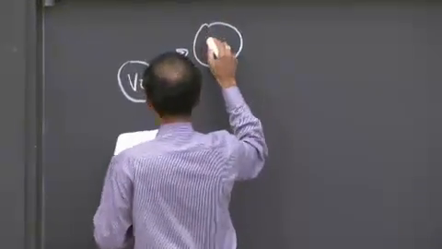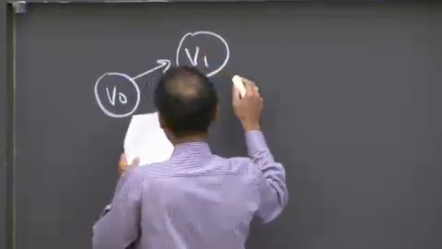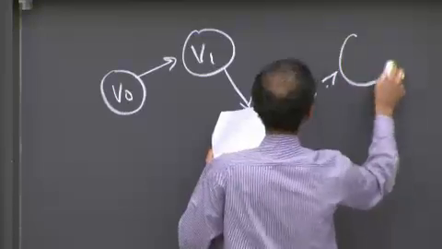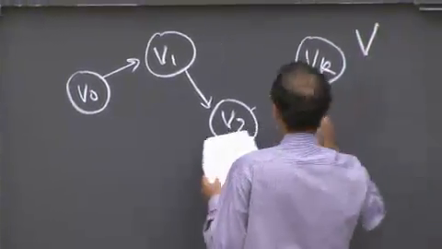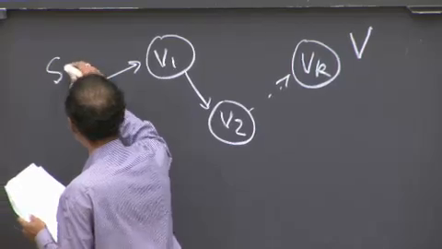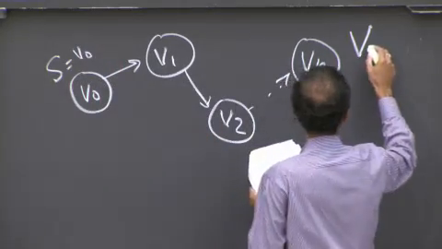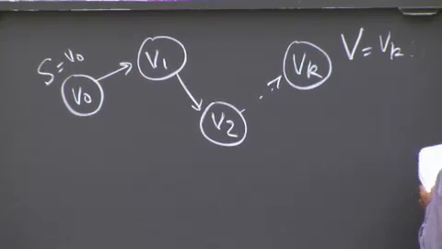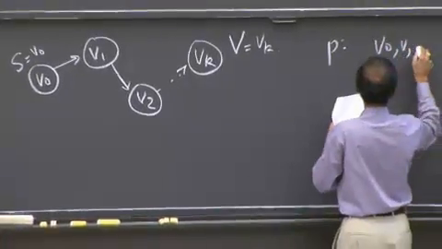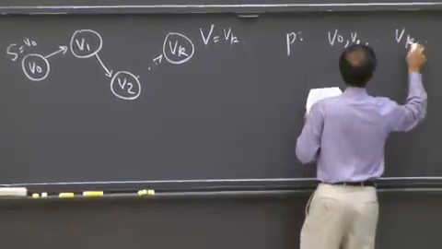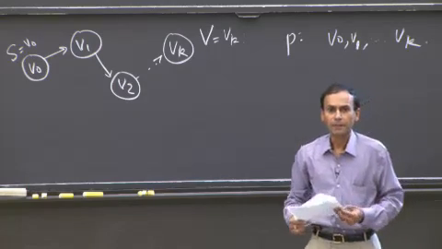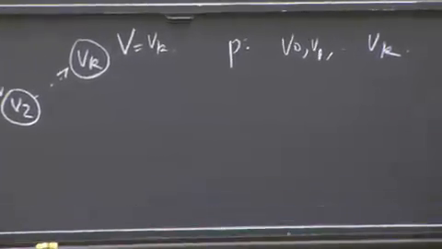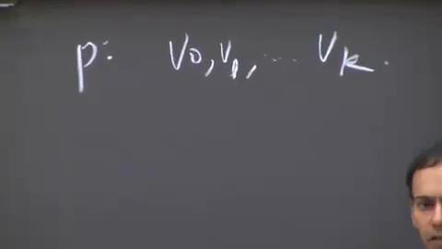You have V0, V1, V2, etc., all the way to Vk. This is my vertex V. This is S. So S equals V0, V equals Vk. I'm going to have a path P that is V0, V1, all the way to Vk. Okay? How big is K in the worst case? How big is K?